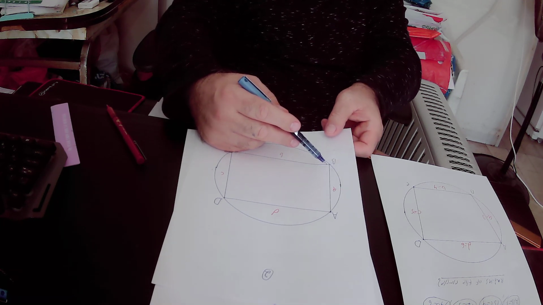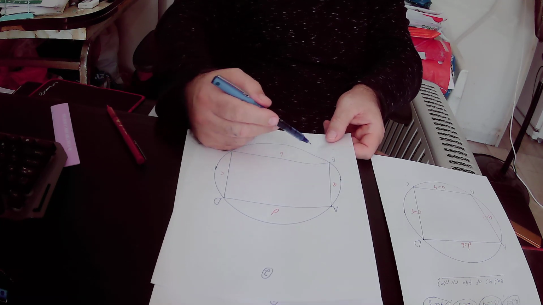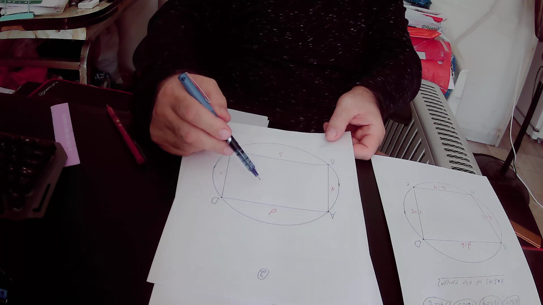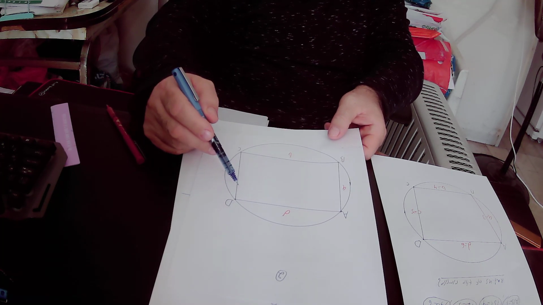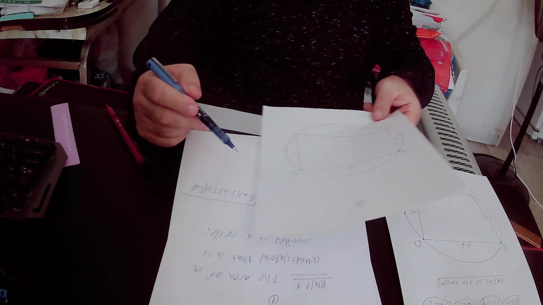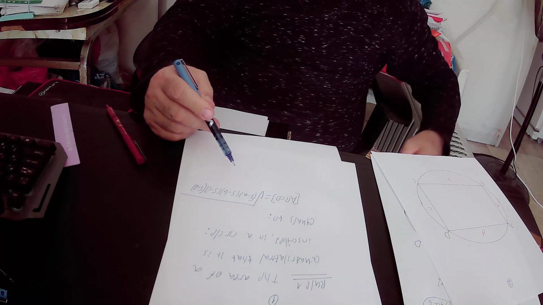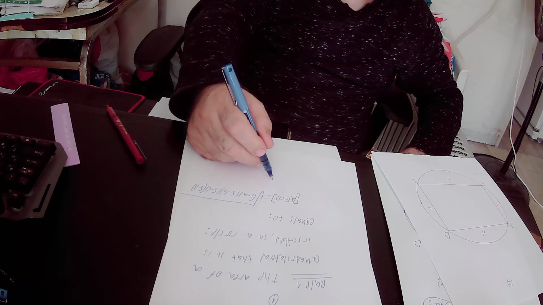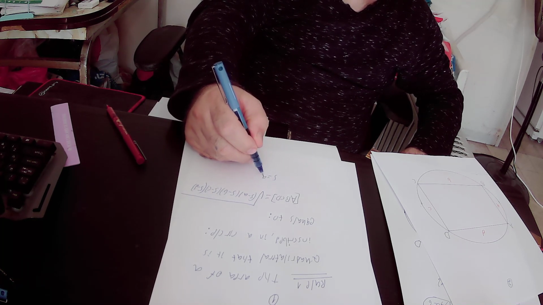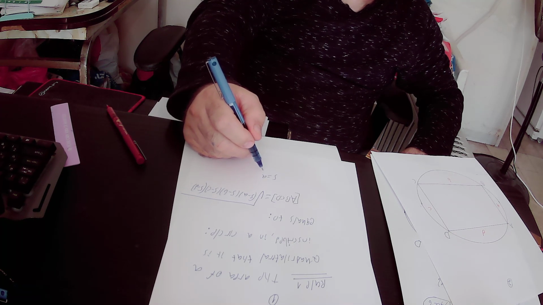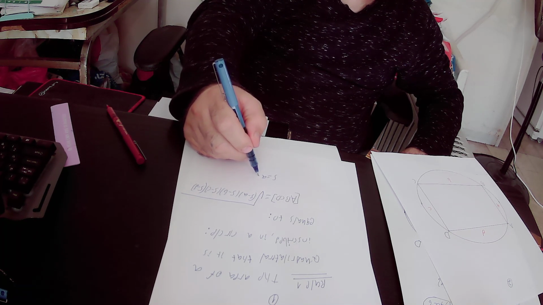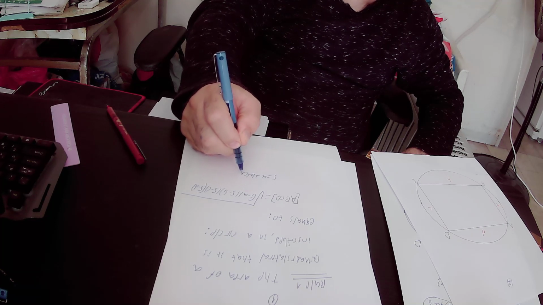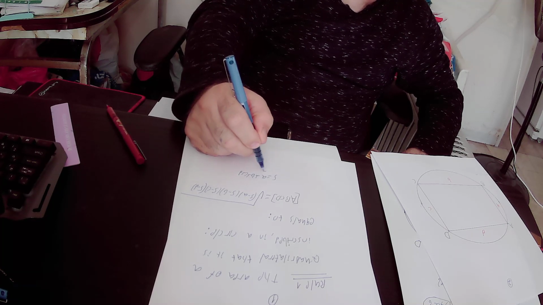The length of side AB is A, the length of side BC is B, the length of side CD is C, and the length of side AD of quadrilateral ABCD is D units. And S in this equality equals the sum of the quadrilateral sides, that is to say A plus B plus C plus D over 2.